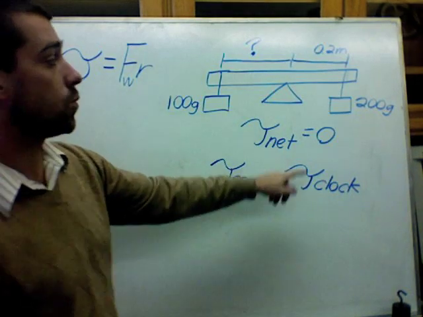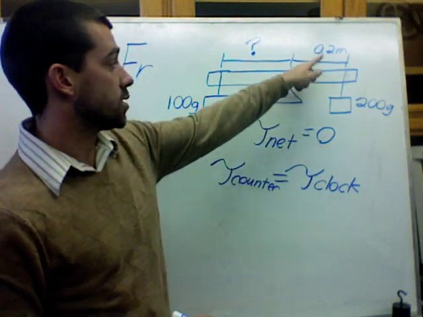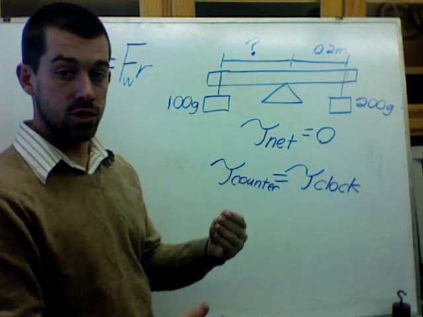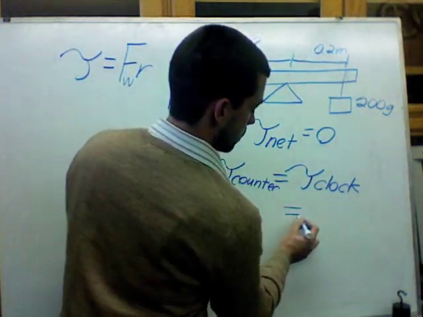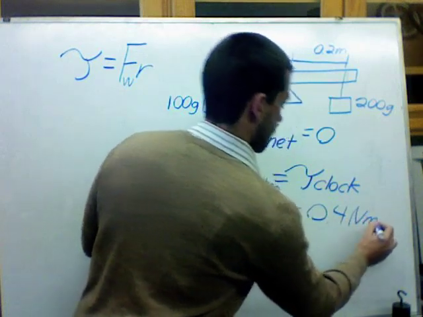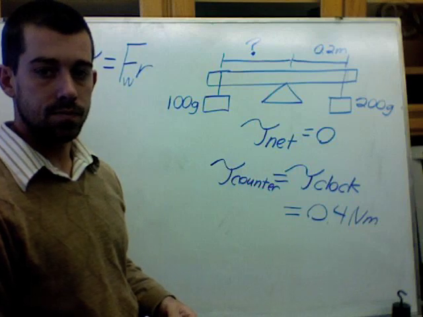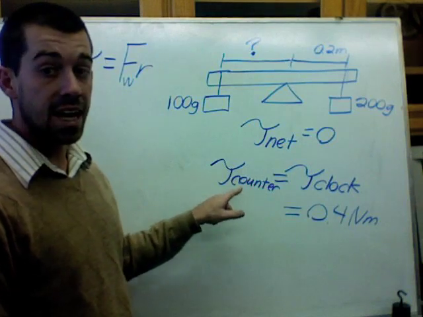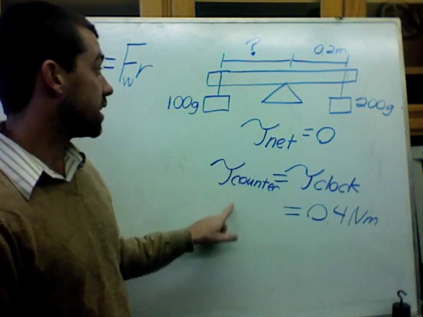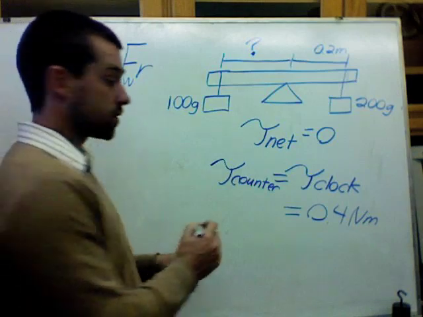For the torque clockwise, we know that our force is going to be 2 newtons times a radius of 0.2 meters. And therefore there's a clockwise torque that is equal to 0.4 Newton meters. On the other hand, we cannot solve for our counterclockwise torque yet because we don't know the radius, but we can plug in these variables.